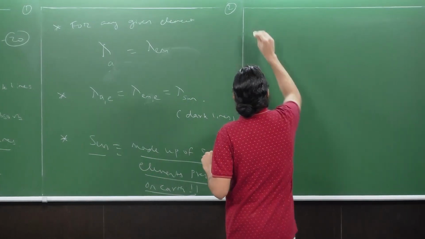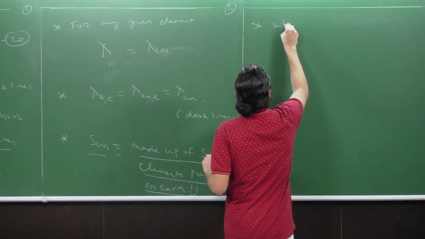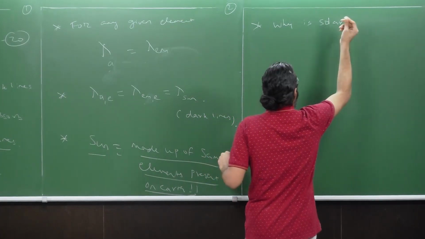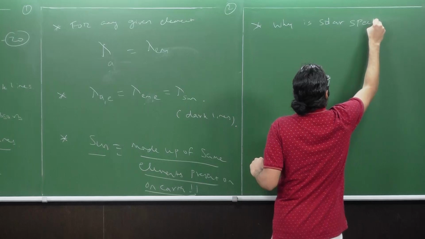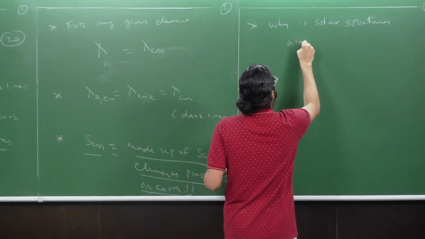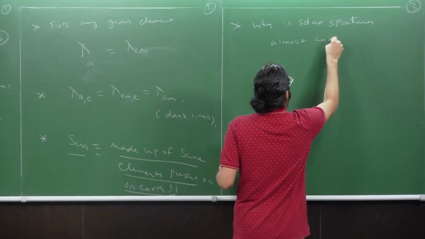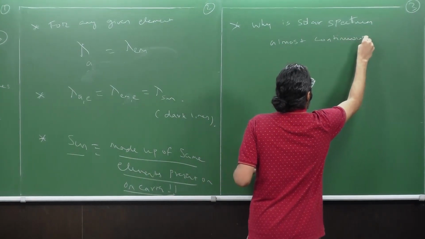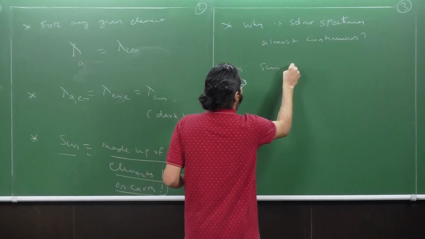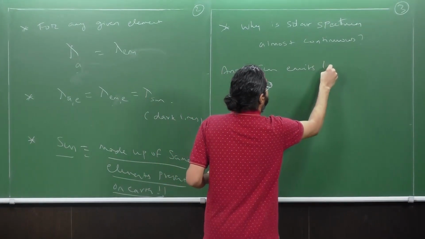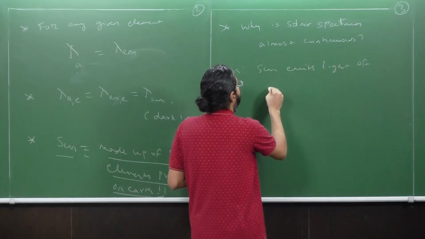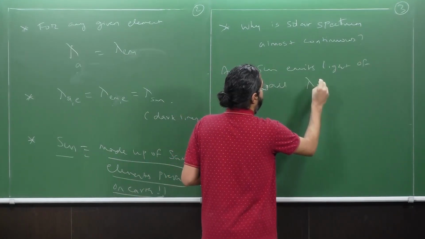It is that why is the solar spectrum, the spectrum of the sun, almost continuous? The answer is the sun emits light of all wavelengths and frequencies, all lambdas, correct?